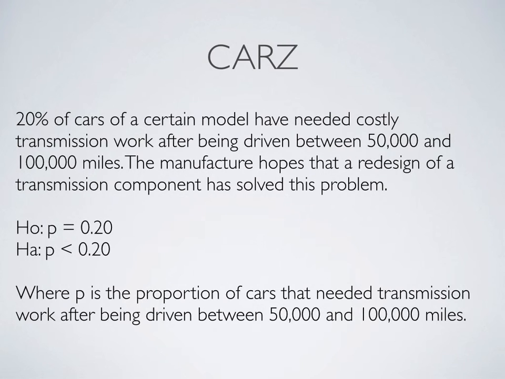Our HA would be that p is less than 0.2, because the manufacturer is hoping that less than 20% of cars will need costly transmission work after 50,000 to 100,000 miles. And p in this case is the proportion of cars that needed transmission work after being driven between 50,000 and 100,000 miles.